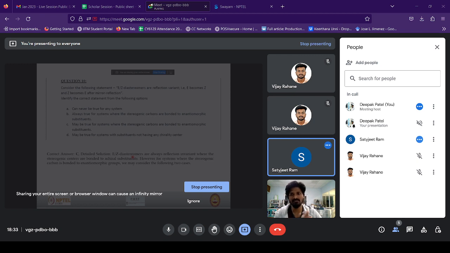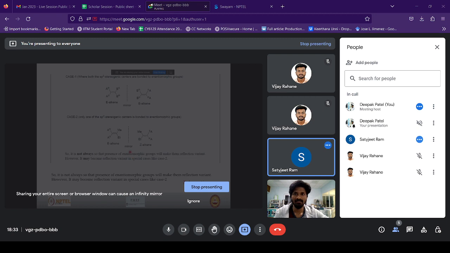To solve these, you can have two cases where both are sp2 stereogenic centers. What is the difference between a stereogenic center and a simple chiral center? Any idea? Hello, am I audible? Okay. I'm asking about stereogenic center and chiral center.